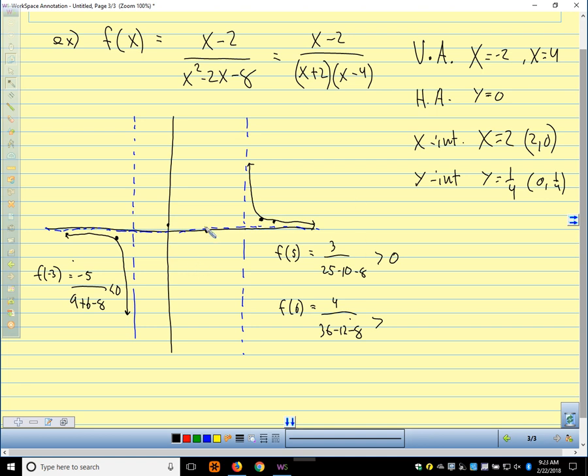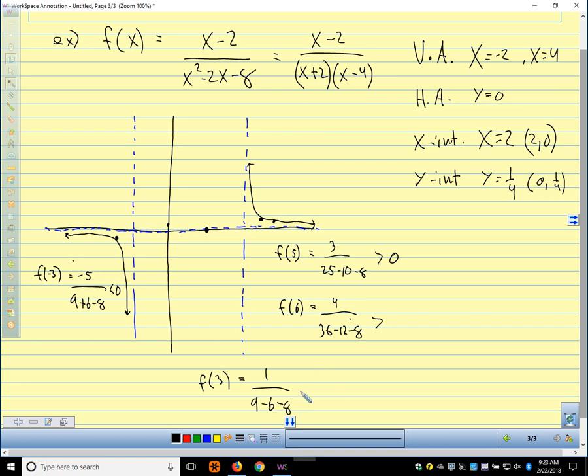All right, so this is 2. Let's plot f of 3. And all we're really worried about for f of 3 is, is it positive or is it negative? So f of 3, 3 minus 2 is 1, over 9 minus 6 minus 8.